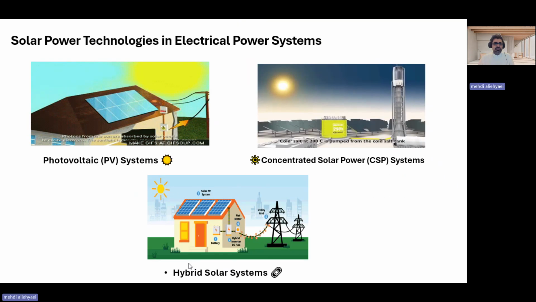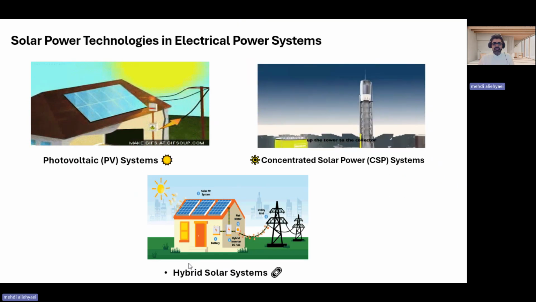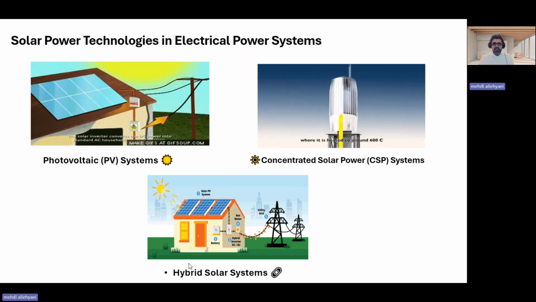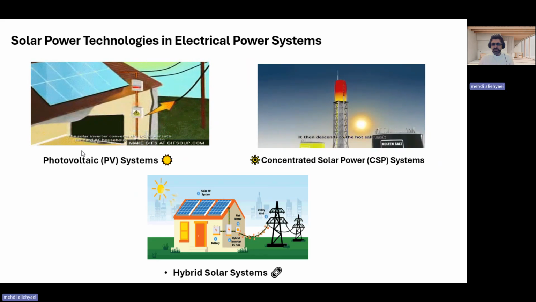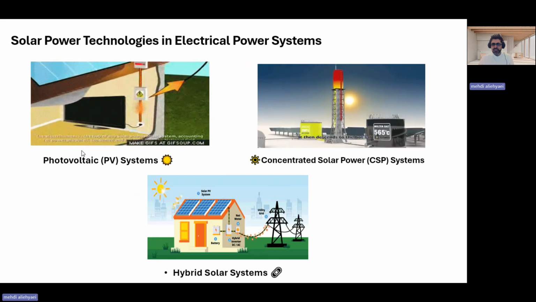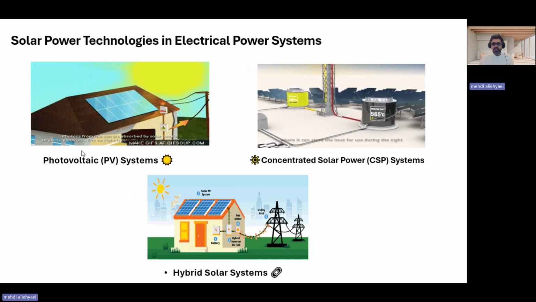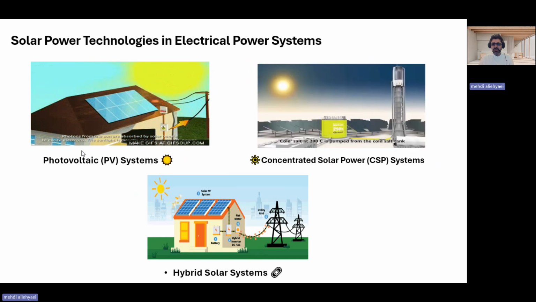Let's briefly take a look at solar power technologies in electrical power systems. First of all, we have the photovoltaic PV system, which converts sunlight directly into electricity using solar panels.